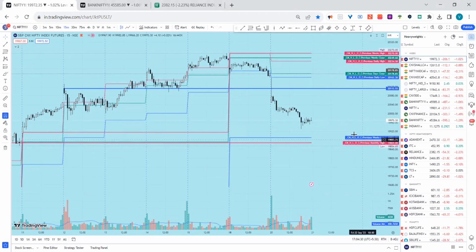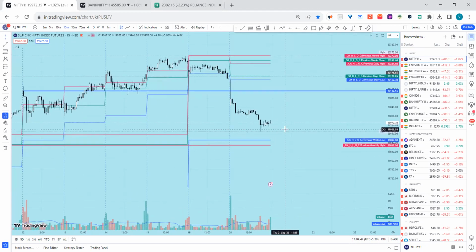Although it did not hit this level today, there are high chances that if this low is taken out, since we saw a rejection from here but there was no follow-up, it may come to these levels.